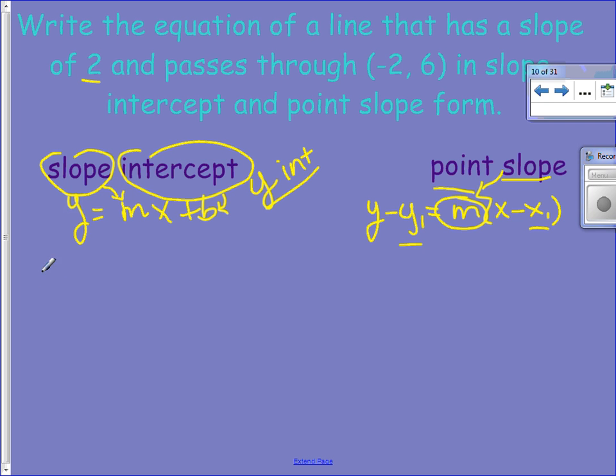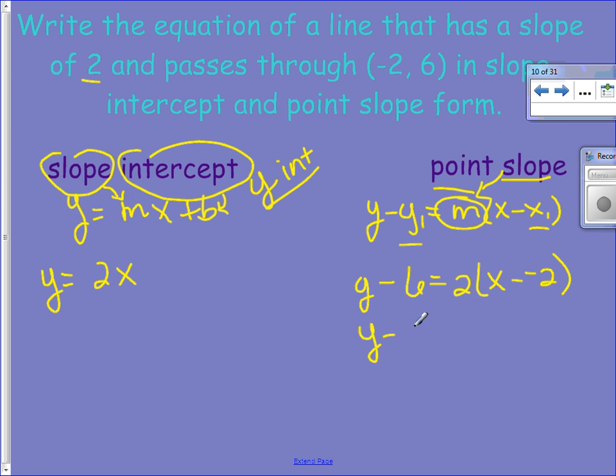So, I'm given a slope of what? 2. So here, I can just plug it in, 2. And I don't know what this y-intercept is, so I have to go over here and actually solve. So let's plug it in. Y minus, what's y1? 6. Equals my slope of 2 times x minus -2.